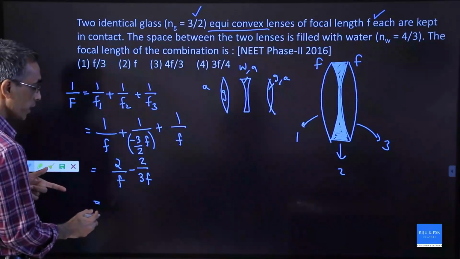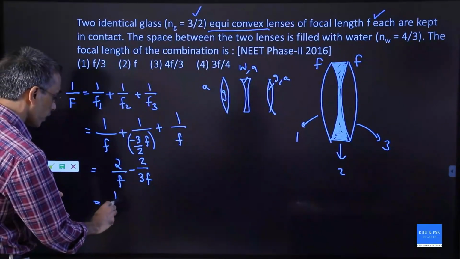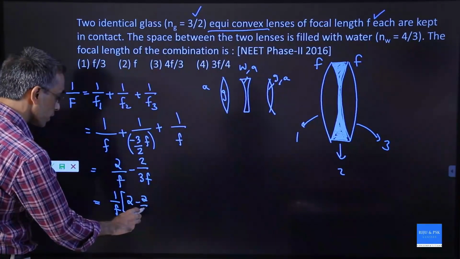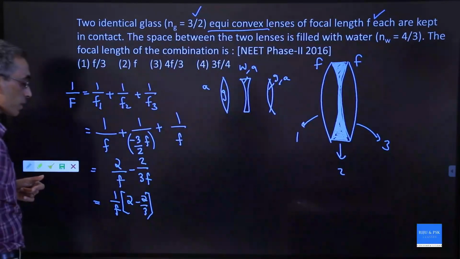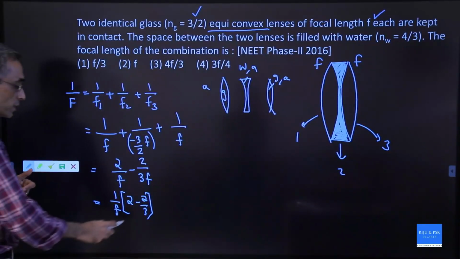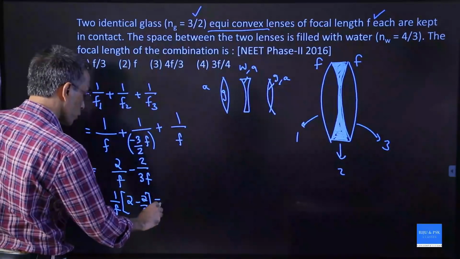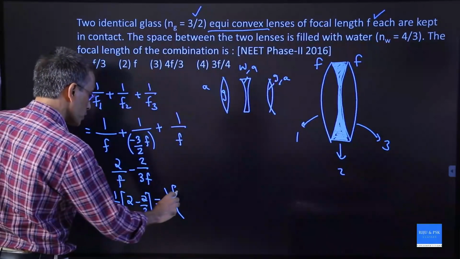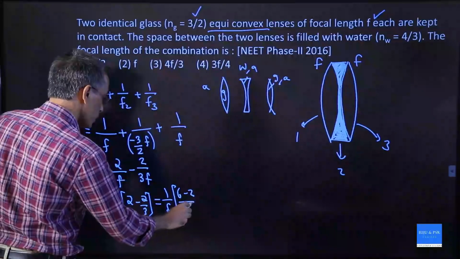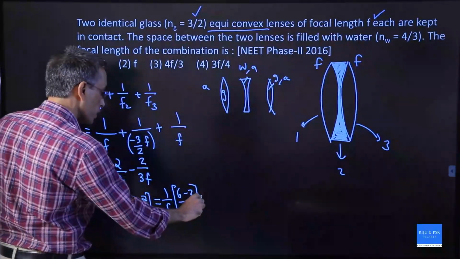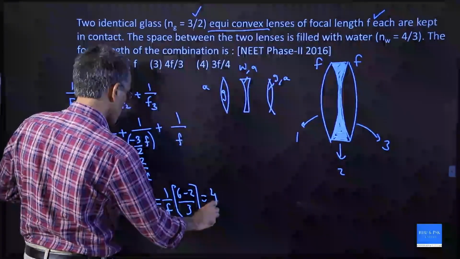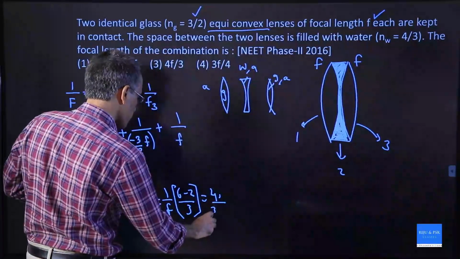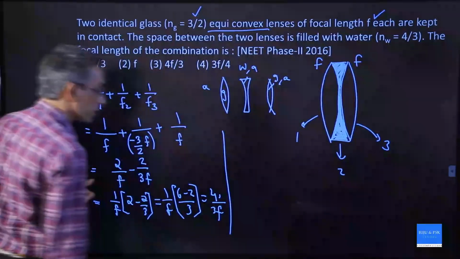So, this you can calculate, this gives you 1 by f common bracket 2 minus 2 by 3, and this is nothing but 1 by f into 6 minus 2 divided by 3, and this will give you 4 by 3f.